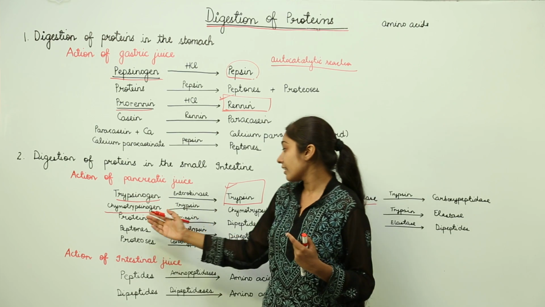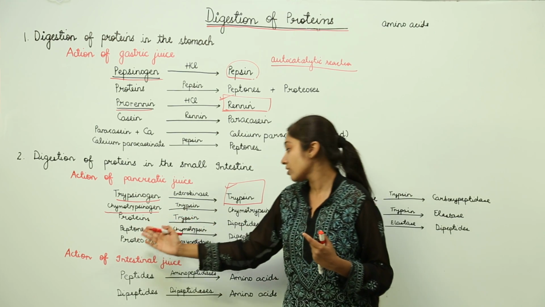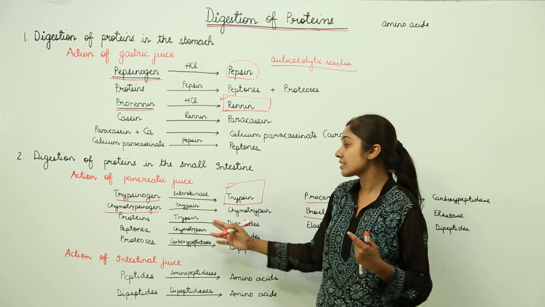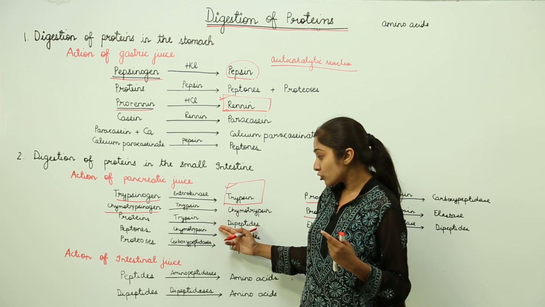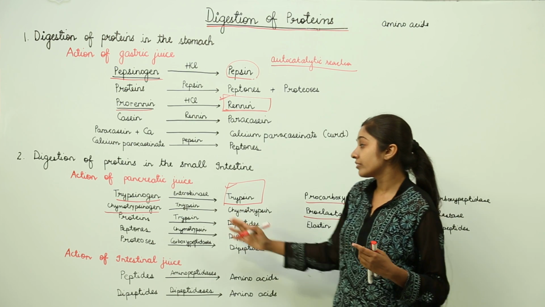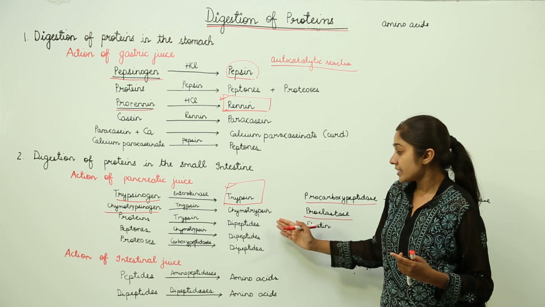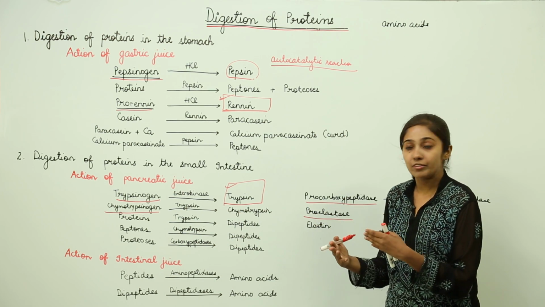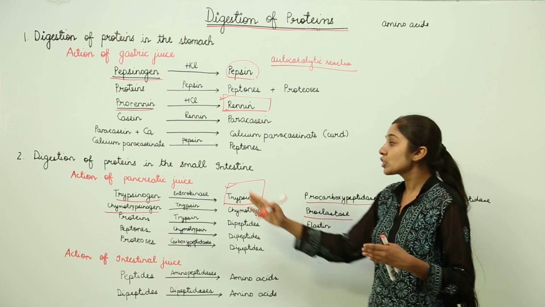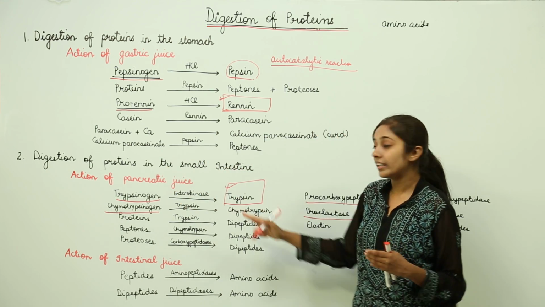Then proteins, peptones and proteoses are converted into dipeptides in the presence of the enzymes trypsin, chymotrypsin and carboxypeptidases. So you can make out the action of pancreatic juice, that is the digestion of proteins in the small intestine.